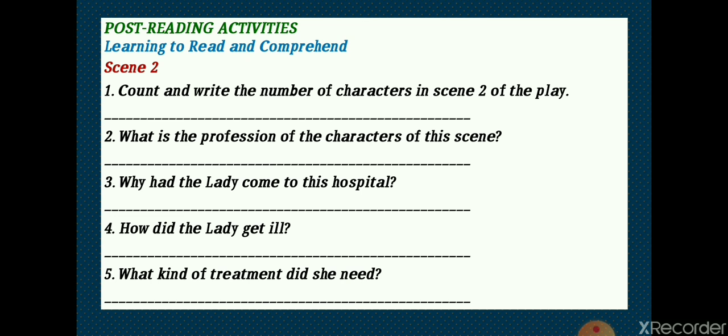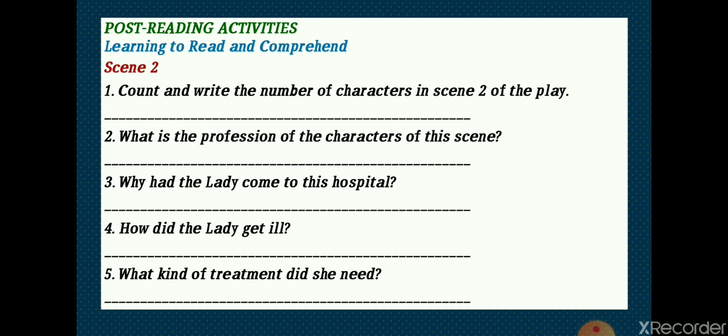Now, students, if you remember the scene 2, there were 2 doctors in that scene. Try to remember their names. Okay. Question number 2. What is the profession of the characters of this scene? There is a lot of hint that you may easily find out the profession of those characters.